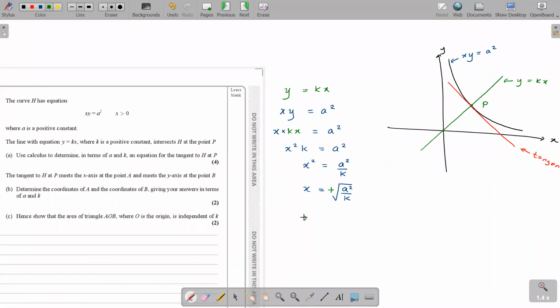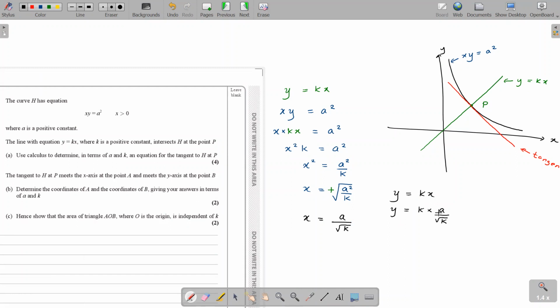So when I simplify here, I can take the a square out of the root, right? x equals the square root of a square over k, which is a over root k. Do you agree? a over root k. So leave it like that. And the other one, the y coordinate. I need the y coordinate also. So y equals kx. When I replace x in y equals kx, x is a over root k.